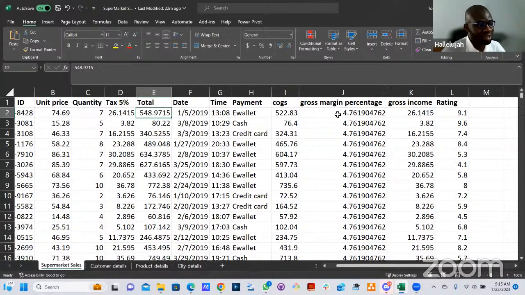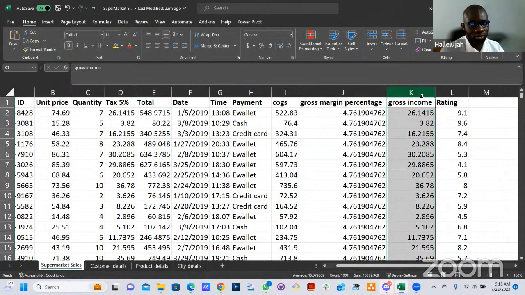Now, gross margin percentage is total revenue minus, what's the formula again? Total revenue minus cost of goods sold, divided by total revenue. So if you do this minus this divided by this, you will get this gross margin percentage. So you don't really need those things. These are the things I want you to focus on for this analysis.